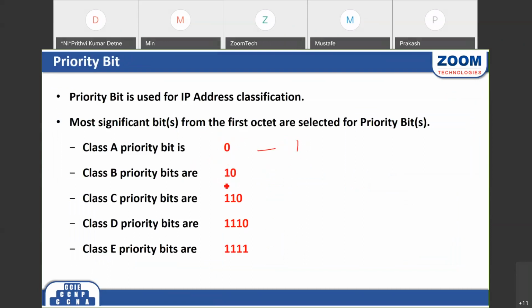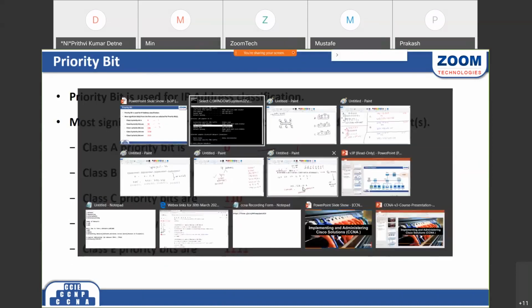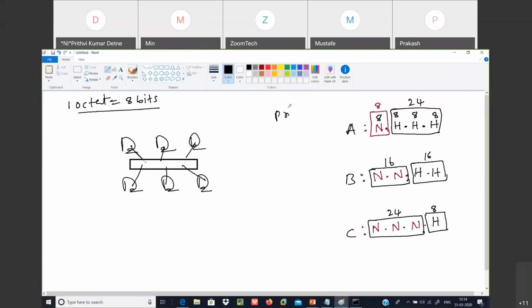For class B, 10, 2 bits. For class C, 110, 3 bits, right? Priority bit for class A is what? 1. For class B, 2 bits.